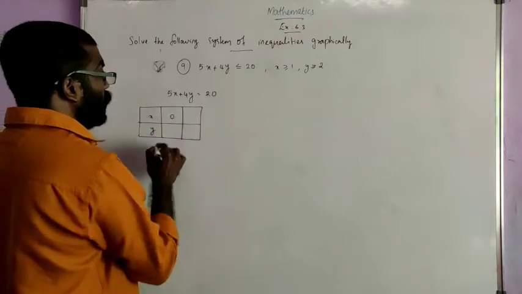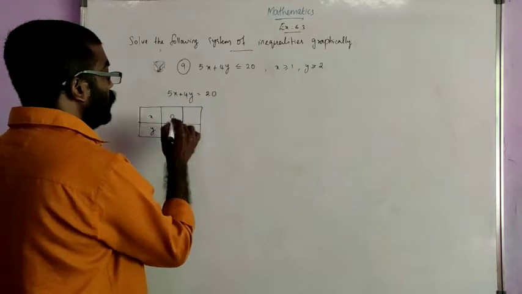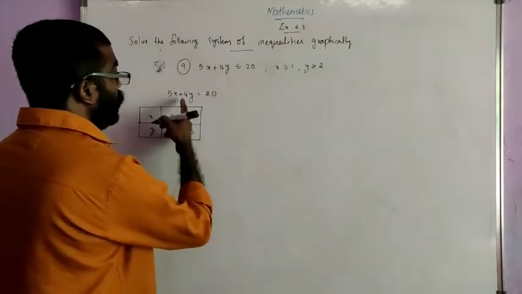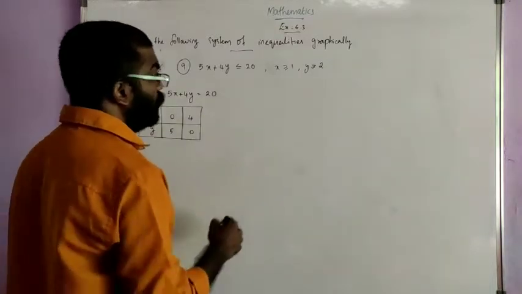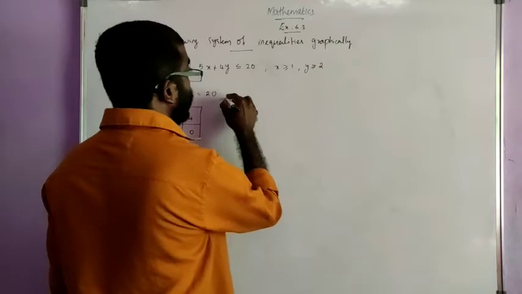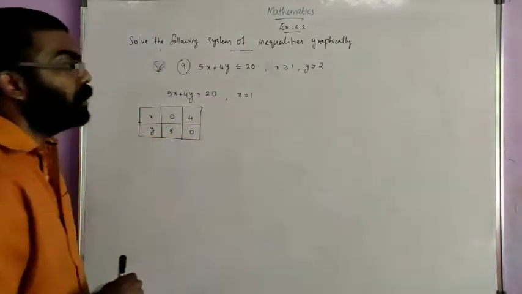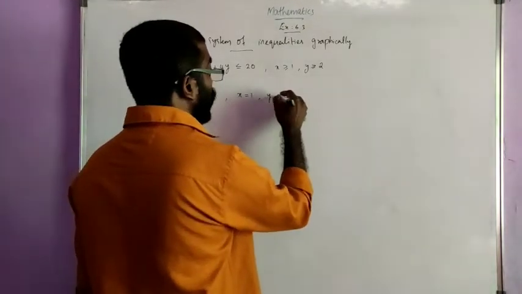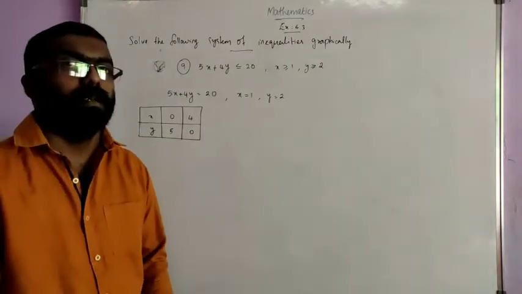When x equal to 0, y is equal to 20 by 4, 5. And when y is equal to 0, x is equal to 20 by 5, 4. Okay. And next one is x greater than or equal to 1, that is x equal to 1 is a line parallel to y axis, and y greater than or equal to 2, that is y equal to 2, it's a line parallel to x axis. Clear?